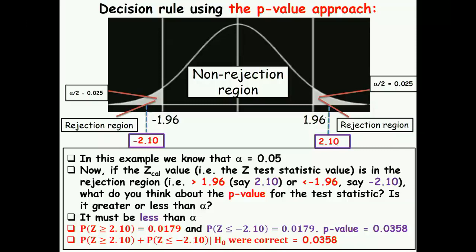I explained this when we did the sampling distribution. If you remember, 30 and 33, the pizza delivery example. Assuming that the null hypothesis were correct, the probability that I would see these things is really unlikely.